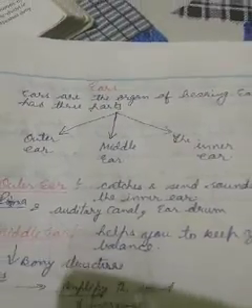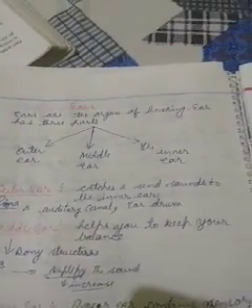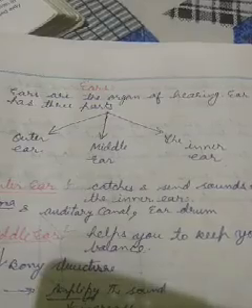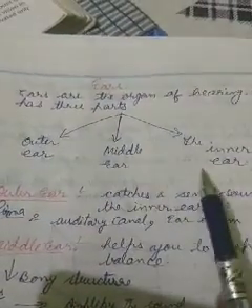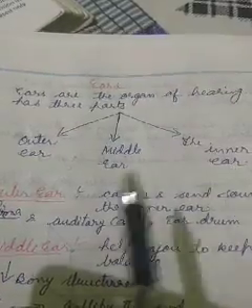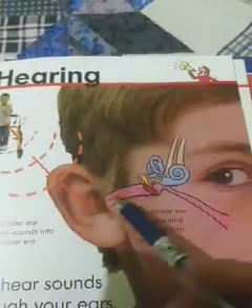Now we will discuss our next and last sense organ of the body, the ear. Ears are the organs of hearing, and they have mainly three parts: outer ear, middle ear and inner ear. And from this picture you can easily identify the different parts of the ear.